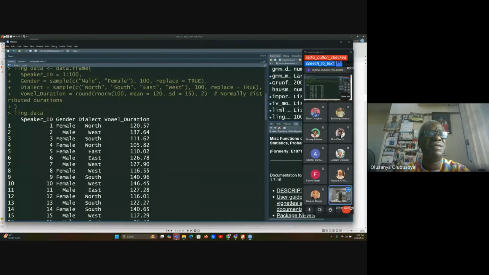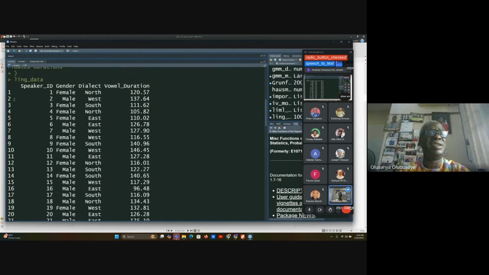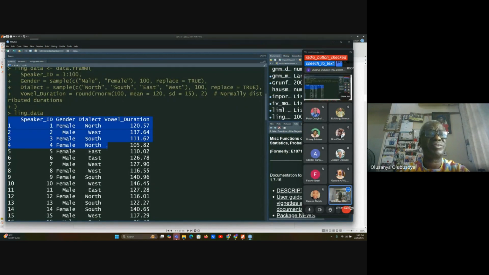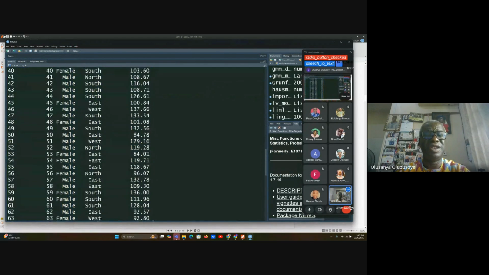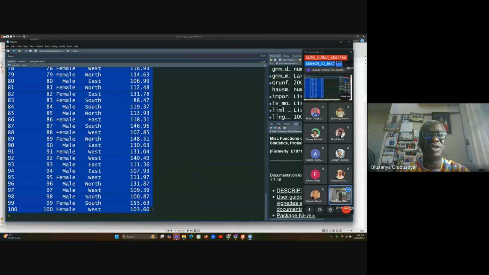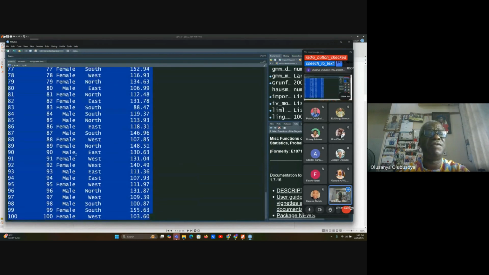So this is the speaker ID. This is the gender of the speaker. This is the dialect of the speaker. This is the vowel duration of the speaker. So let's say this is the population of the speakers that we have.